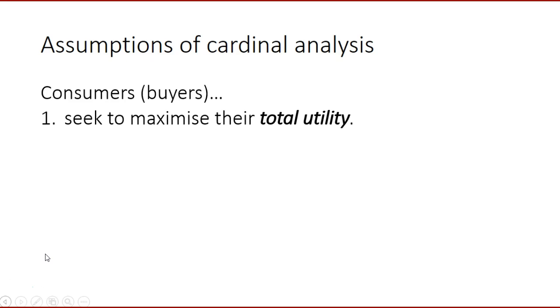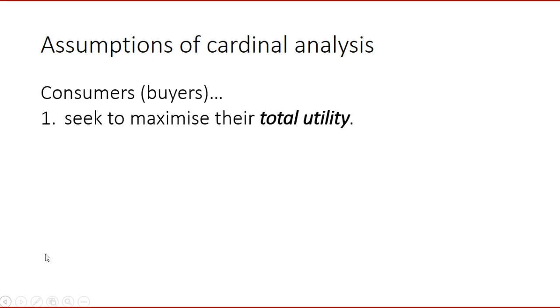What do we mean by total utility? First, what's utility? Utility here means happiness or satisfaction. We're doing cardinal analysis, so it means that happiness or satisfaction can be measured objectively. It's a quantity.